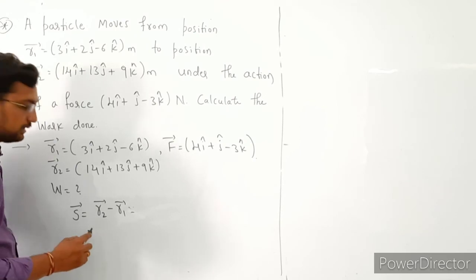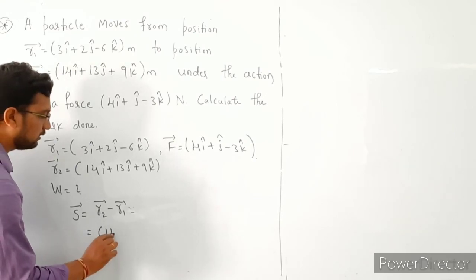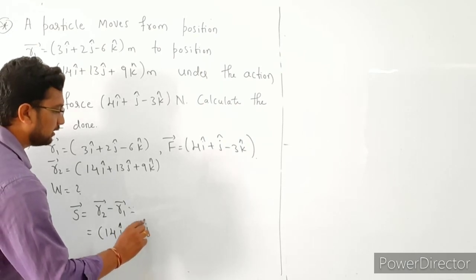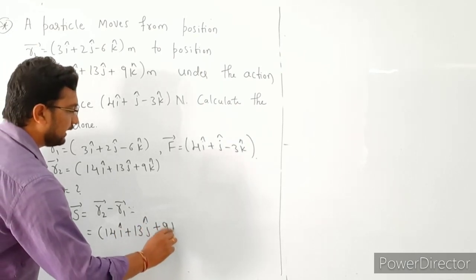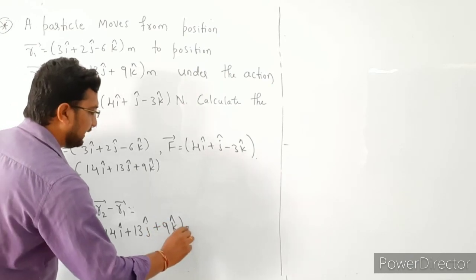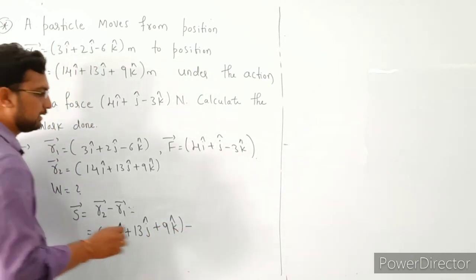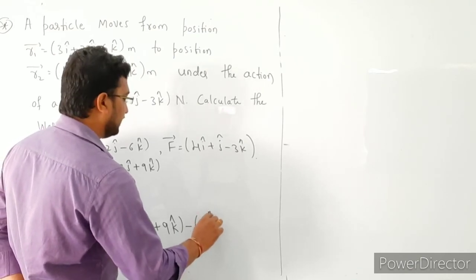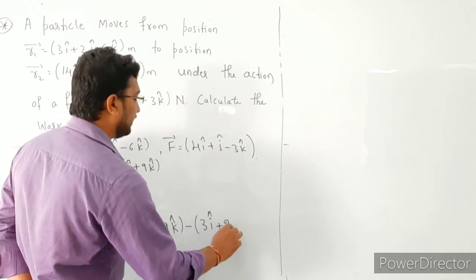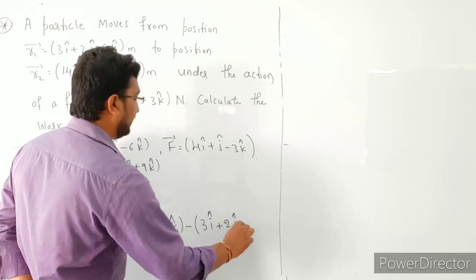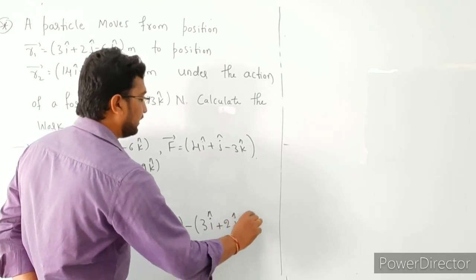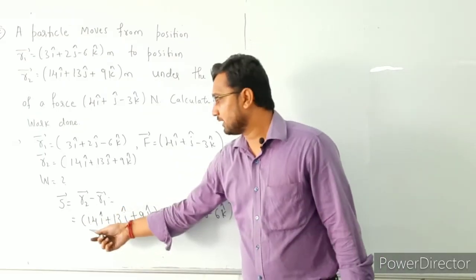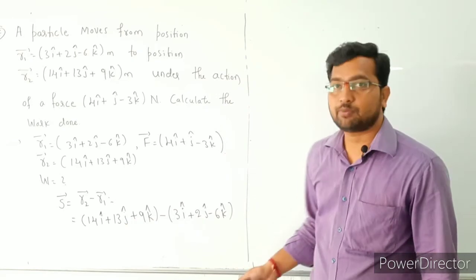R2 value is 14i cap plus 13j cap plus 9k cap, minus R1, which is 3i plus 2j minus 6k. This is the final position value minus the initial position value.